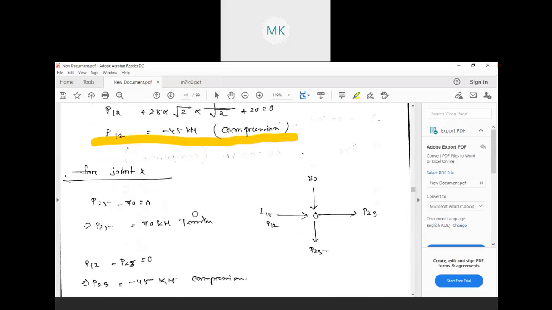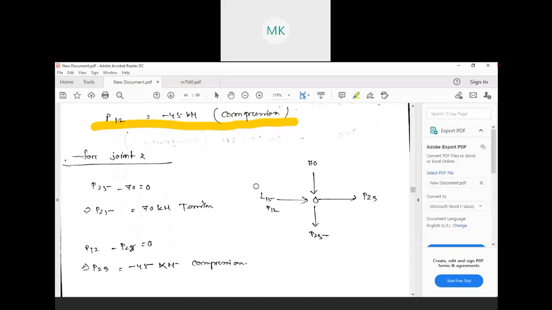In a similar way, you need to go to joint 2. Again you need to use the equilibrium equation. Repeat the same for all the joints until you have found all the members connecting to each joint. This is a very simple method. All of you please go through this and try to solve one by one.